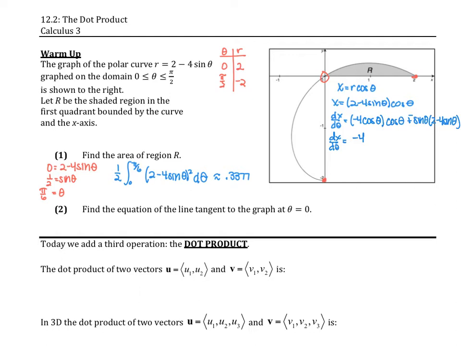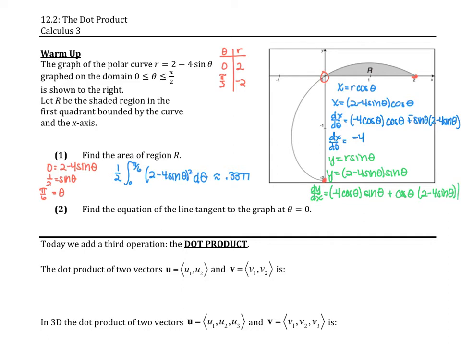Okay, so we're going to do the same thing for the y. So y equals r sine theta, and that means y equals (2 minus 4 sine theta) sine theta. When I take the derivative of y with respect to theta, we get the derivative of the first, negative 4 cosine of theta, times the sine of theta, plus the derivative of the second, which is cosine of theta, times the first, 2 minus 4 sine theta.